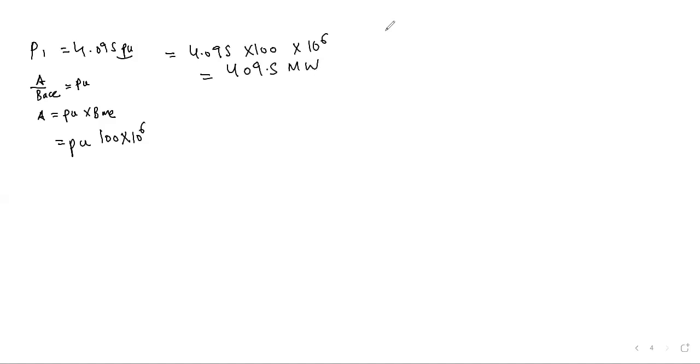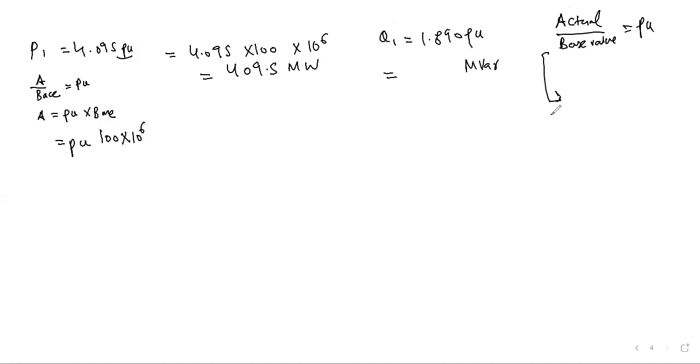And my Q1 value was equal to 1.890 per unit. Now in MVAR, how much would it be? Can you tell me? Actual value divided by base value is your per unit. In this scenario, the base value you have taken is 100 into 10 power 6.